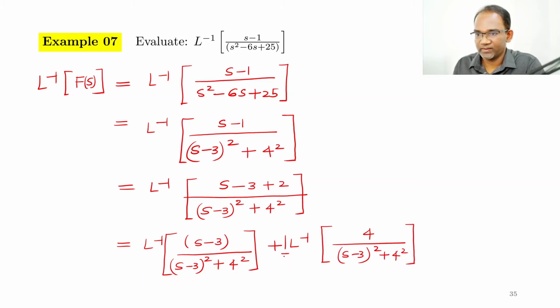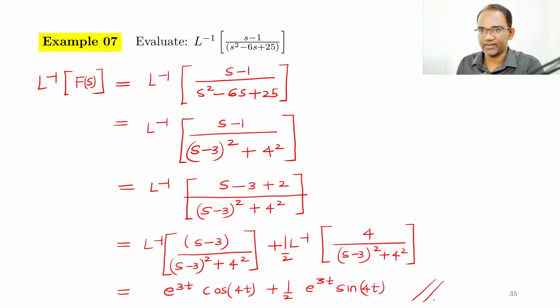So there is a 1 by 2 over here. And this is equal to, according to the first shift theorem, e raised to 3t cos 4t plus 1 by 2 e raised to 3t sine of 4t, which is the required result.